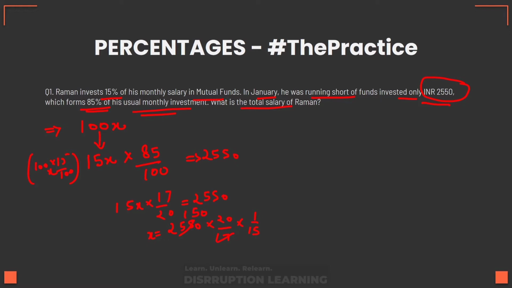Now this will go with 10. So 10 into 20, 200. Now we know that x is equal to 200 and salary of Raman is 100x, which means 200 into 100, that is 20000. 20,000 is the answer, and that is the salary of Raman.